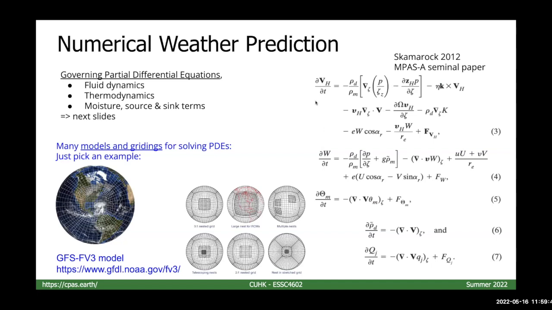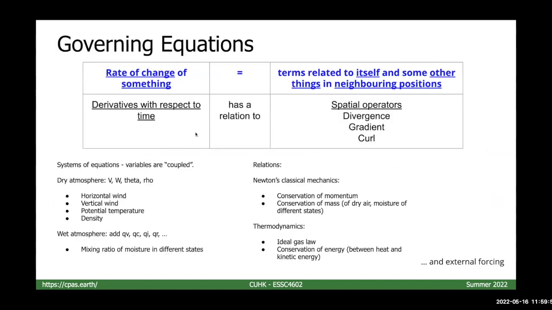If you know calculus, why not d something dt? It is because there are multiple variables, and in calculus, we talk about partial differentiation rather than total differentiation. I'm not going to details of the mathematics. All you need to understand intuitively is it is describing the rate of change of something.